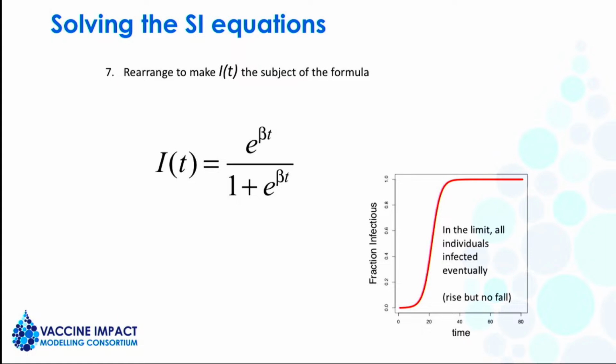Well, if we think about the fraction of people who are infectious, assuming that we're not starting at 0, then even with one infected individual, there's a risk of infection to susceptible people. That's going to start slow, build up as we've got lots more infected people, and then the gradient of that is going to get slower and slower as we run out of susceptible people to infect.